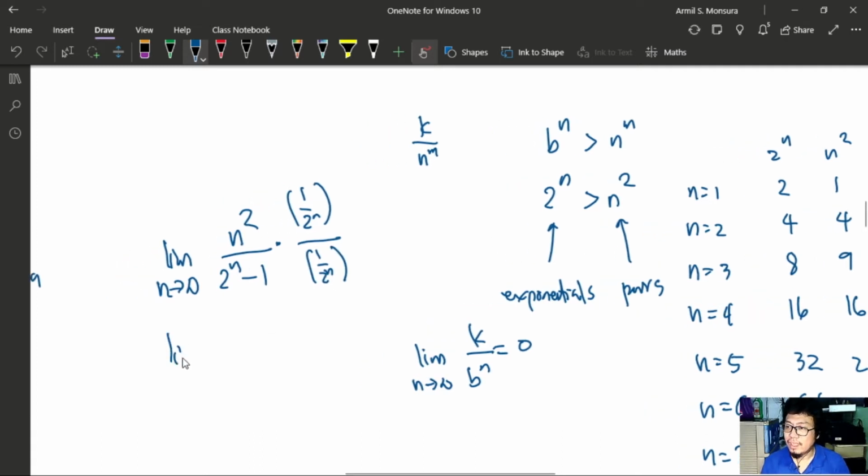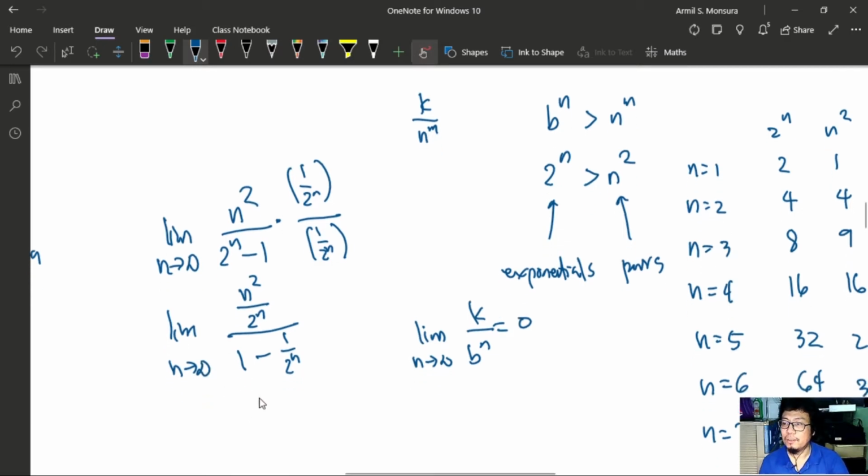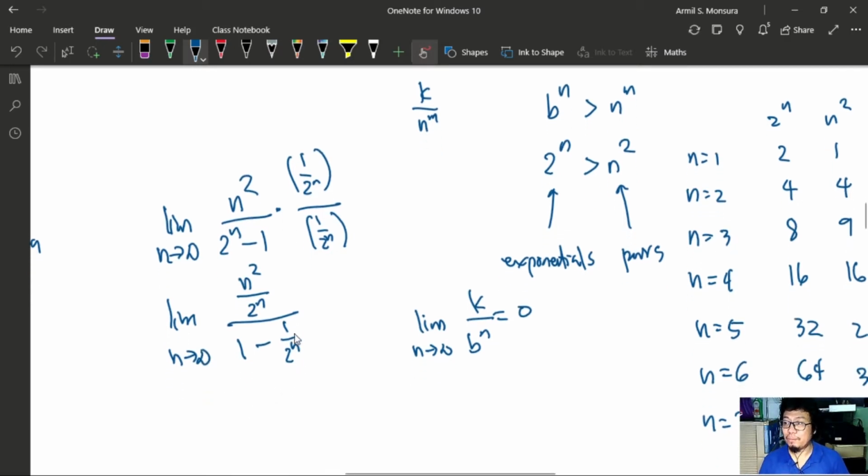So the limit of n squared over 2 raised to n, over 1 minus 1 over 2 raised to n, as n approaches infinity. You don't have a problem here because the limit of 1 over 2 raised to n as n approaches infinity is 0.